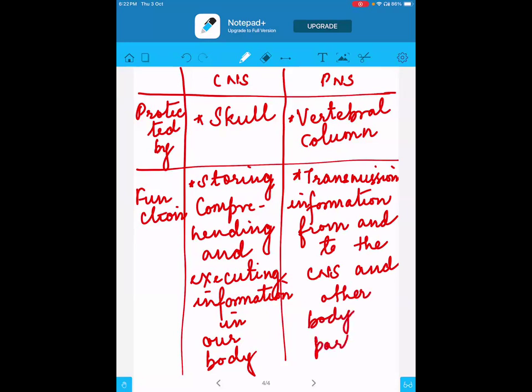As already mentioned in the definition, they are the connecting link between both the CNS and the other body parts. In the same way, they will be transmitting the information. Whatever information the brain is giving, they will be passing it on. In the same way, whatever information the body is getting, they will be passing it. So they will be helping both the parts, the brain and the other body parts, to connect or join and to share the information. That is how the PNS will be working.